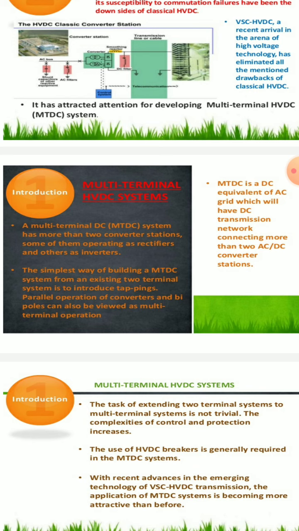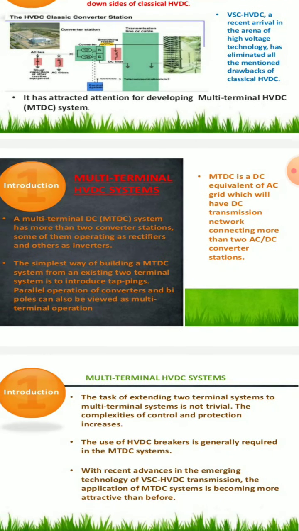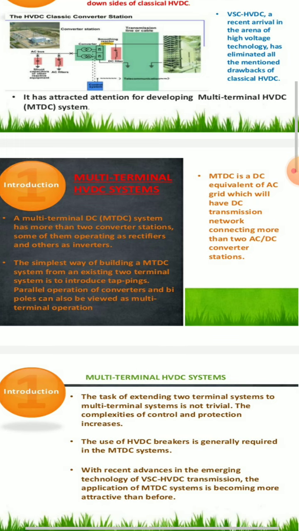Parallel operation of converters and bipoles can also be viewed as multi-terminal operations. MTDC is a DC equivalent of an AC grid, which will have a DC transmission network connecting more than two AC or DC converter stations.